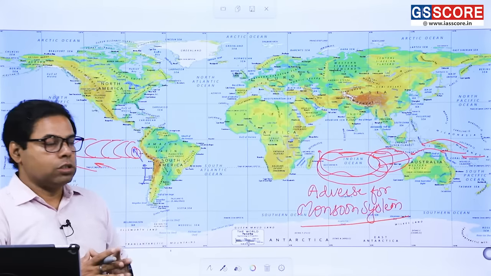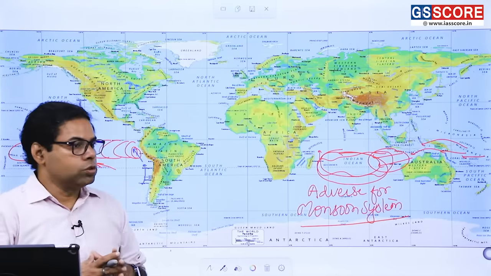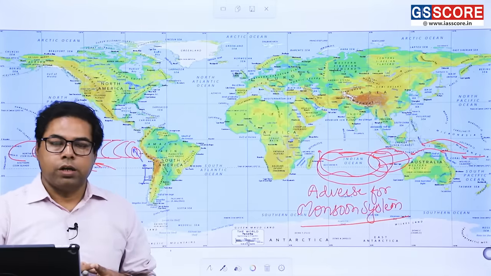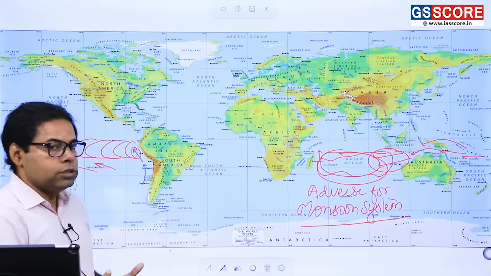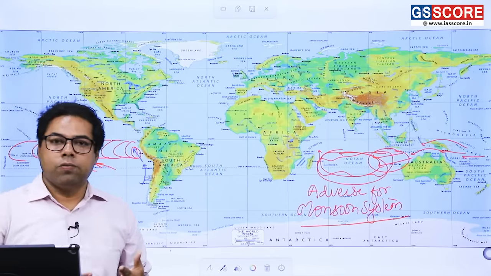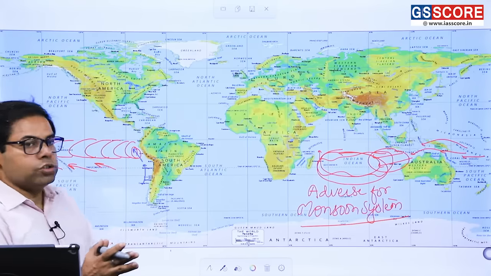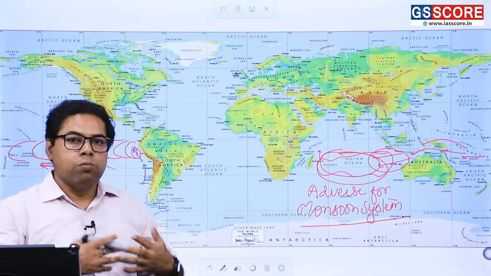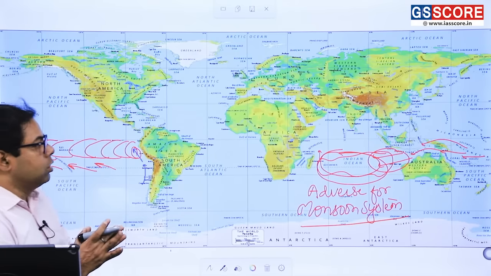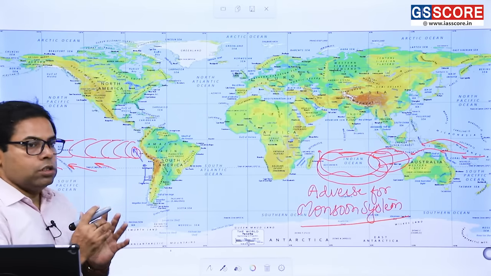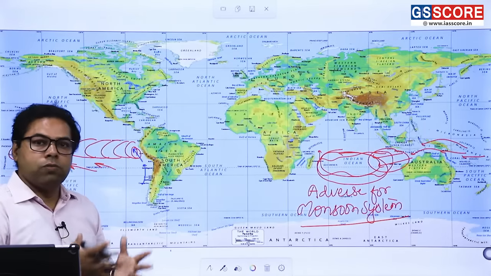But in 2023, the cyclonic effect was observed to be very high in intensity, in the form of Biparjoy. We have all witnessed it. The high velocity of wind was more than usual. So this is the problem. This is a disastrous condition for India as well as the world.